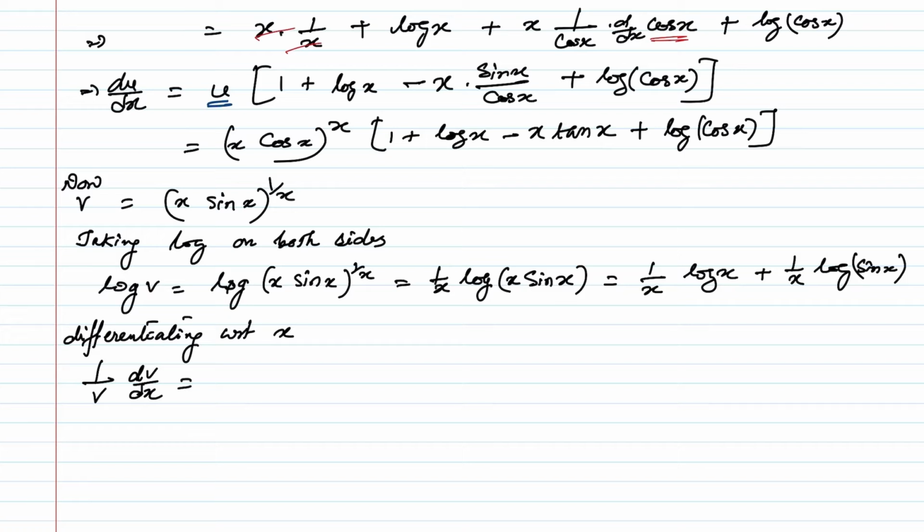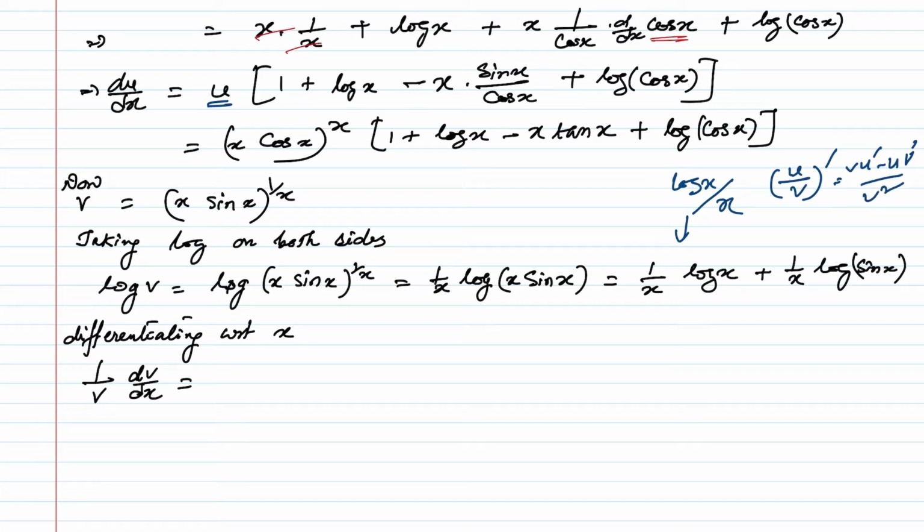On the other side, you can consider this one as log of x by x. Then we will use this rule, derivative of u by v is equal to v derivative of u minus u derivative of v by v square.